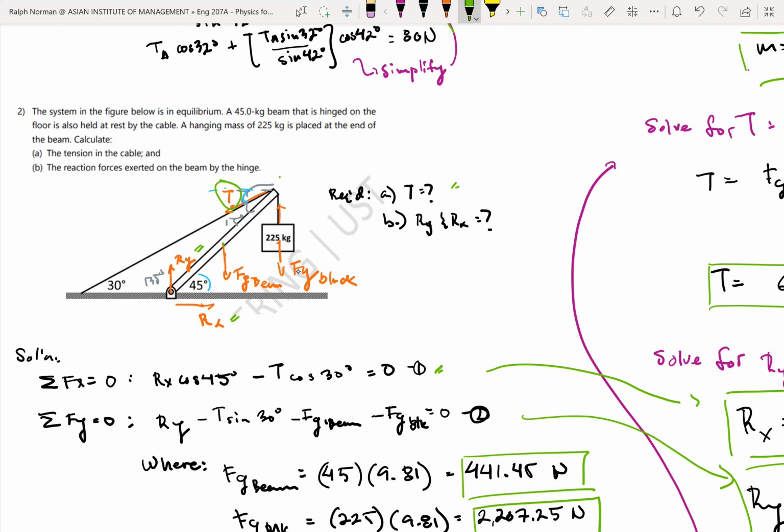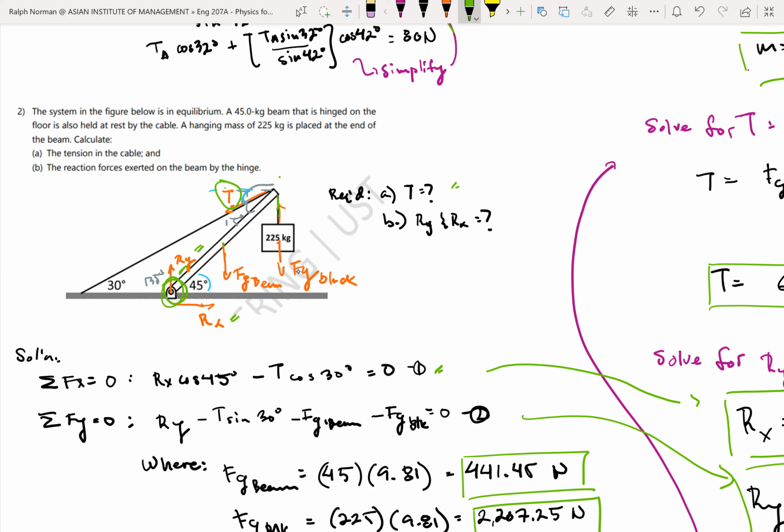The reason why I put it here is doesn't really matter kung dito rin naman kasi if it's in static equilibrium, that tension should be equal rin naman. So let's put it here since dito at least meron tayong angle dito. And then we're here to find rin yung reactional forces ng beam or hinge. Since naka-hinge, if you would recall, meron kang y component and x component accordingly.